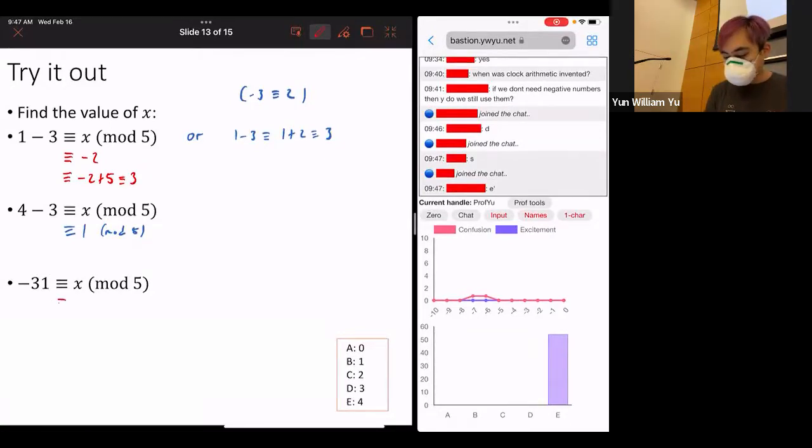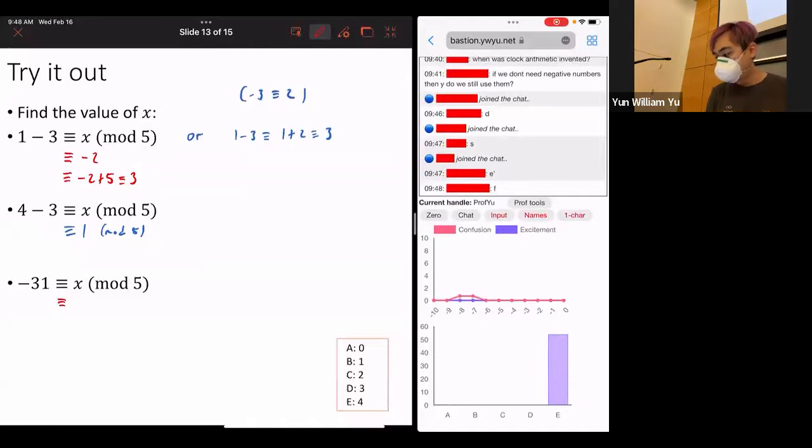So this is equivalent to, well, it's just minus 31. And so you could do minus 31 plus, say, 50. 50 is a multiple of 5, so that ends up giving you 19, which is equivalent to 4. Or if you happen to know the multiples of 5 a little bit better, you might say, well, that's equivalent to minus 31 plus 35, which is equivalent to 4.